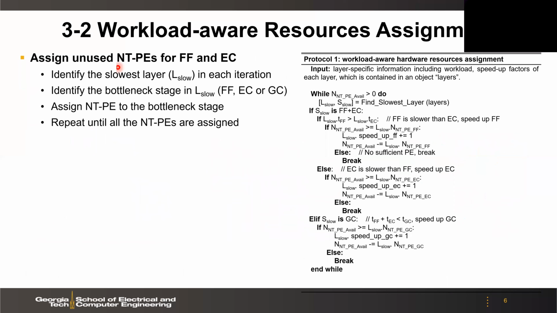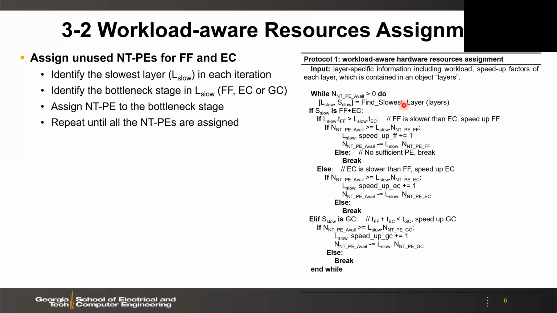To solve this issue, we propose a workload-aware resources assignment protocol. In the protocol, the basic idea is to first find the slowest stage among feed-forward, error calculation and gradient calculation across all the layers, considering their workload, and then we assign hardware resources to the bottleneck layer to speed it up. It is assumed that the assignment is at the granularity of processing element.